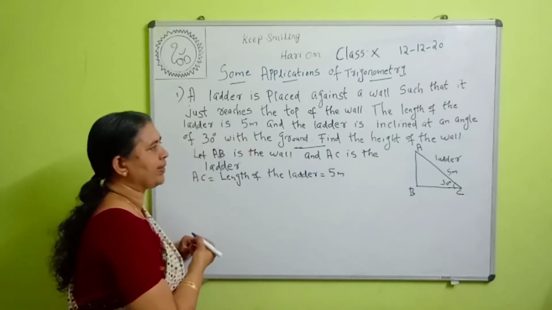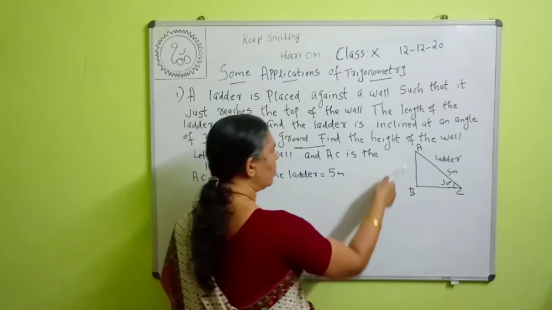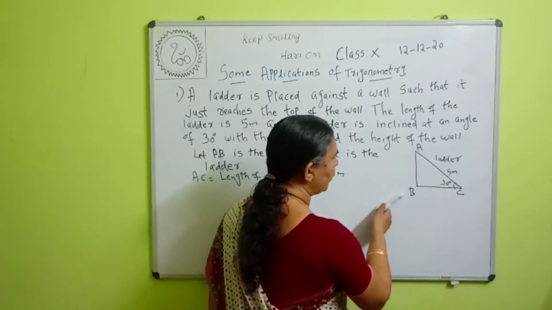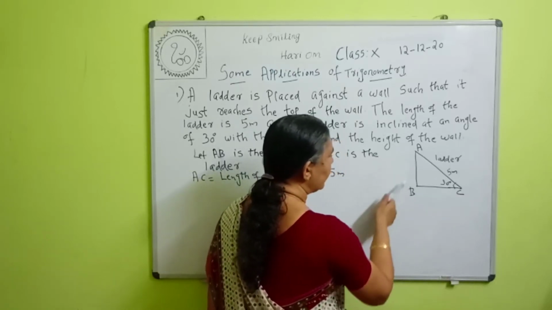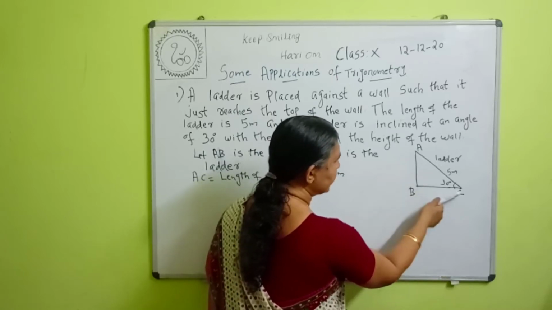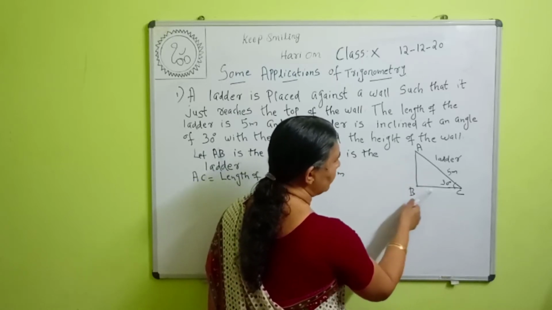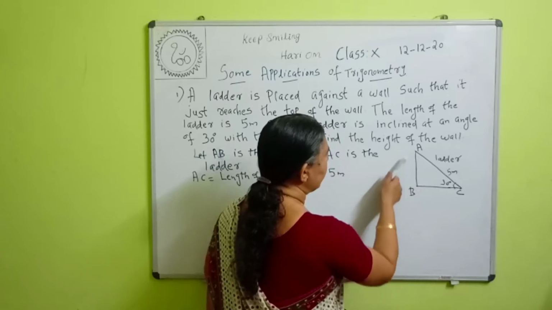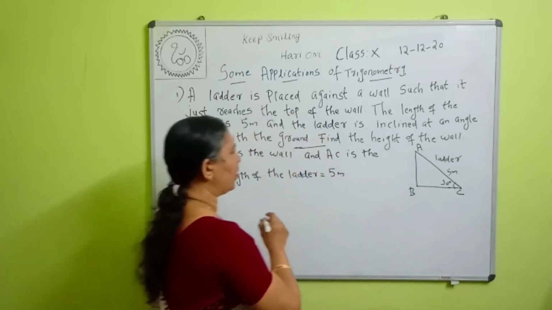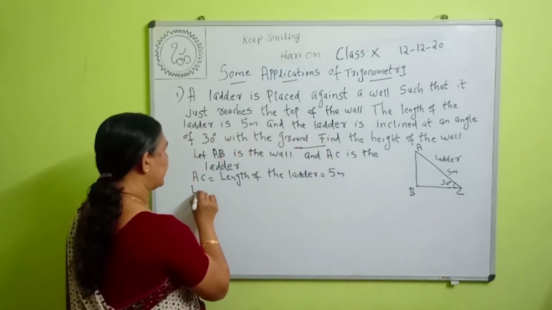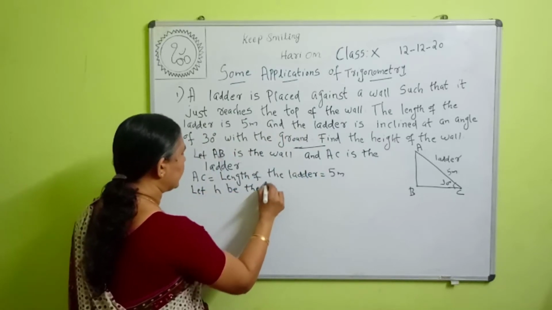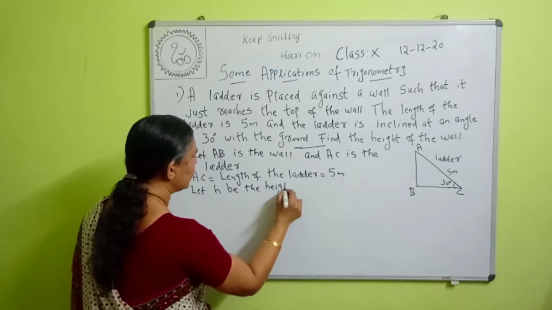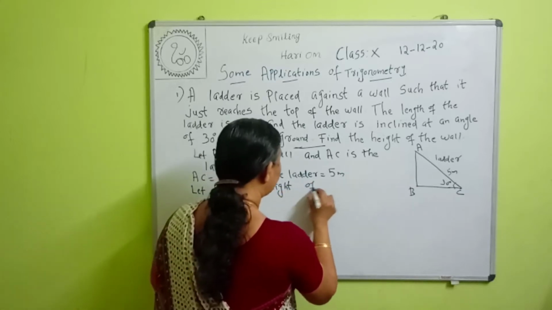Here you are asked to find the height of the wall. This is the wall and the ladder is placed here. Then this is the horizontal line. Let H be the height of the wall.